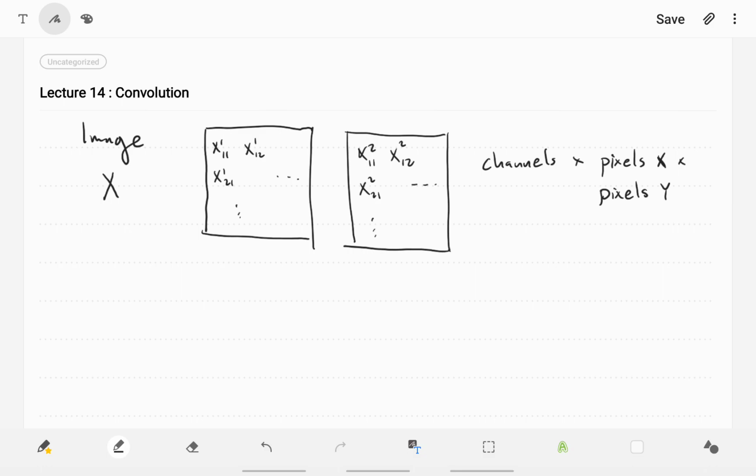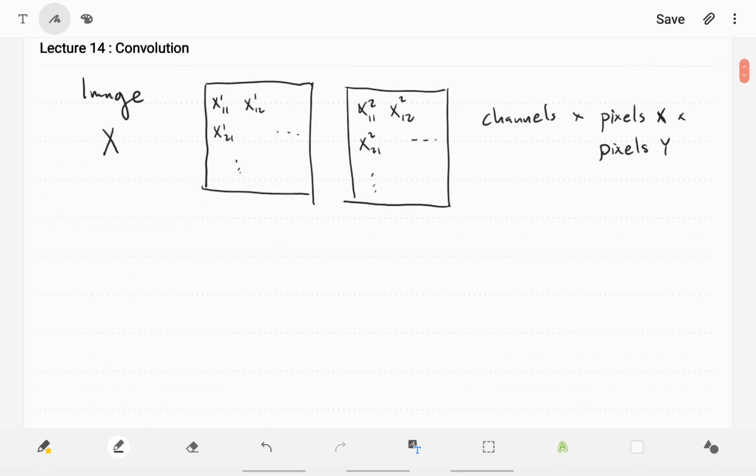And this is partly why we end up constructing 4-dimensional, or order 4, tensors in TensorFlow, because we might have the mini batches times the number of channels times the number of pixels in X by the number of pixels in Y.